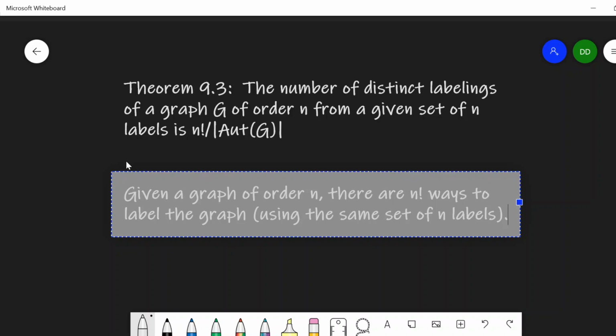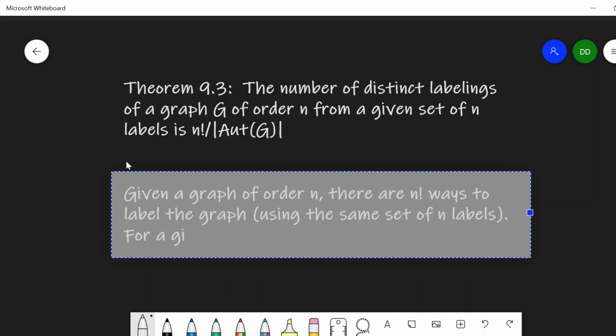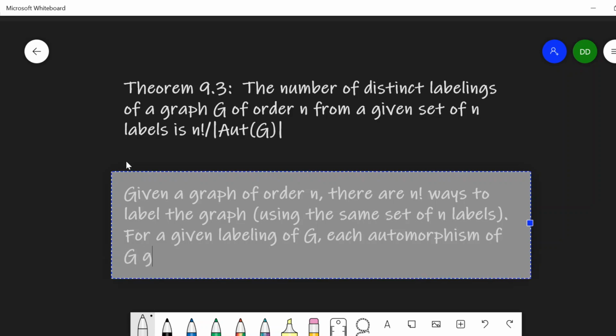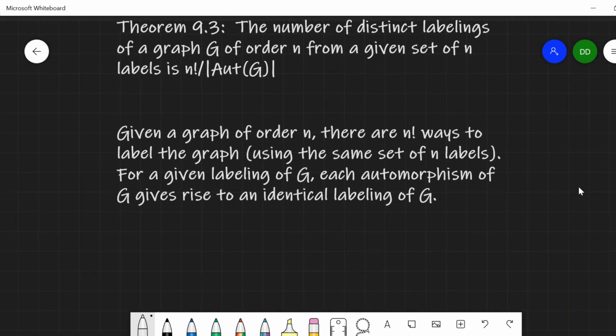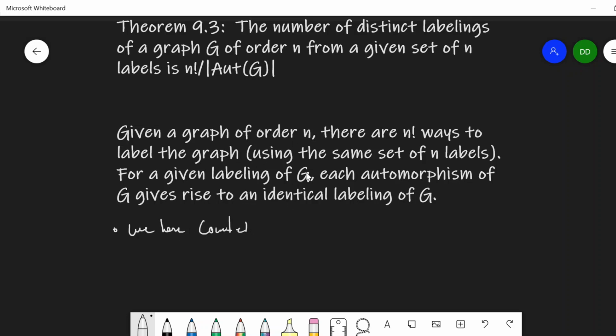And so in particular, for a given labeling of G, each automorphism of G gives rise to an identical labeling of G. And so that means each labeling gives rise to the order of the automorphism group of G identical labelings of G. So if we count each of these n factorial labelings, we have counted each distinct labeling the order of the automorphism group of G times.